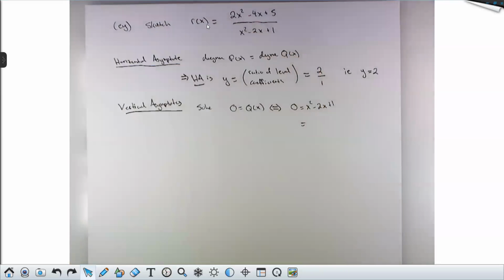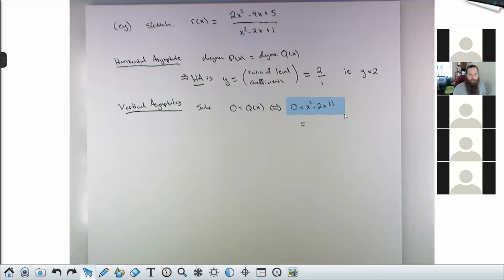How do I solve that equation? Zero equals x squared minus 2x plus 1. What do we do here? Subtract the 1.